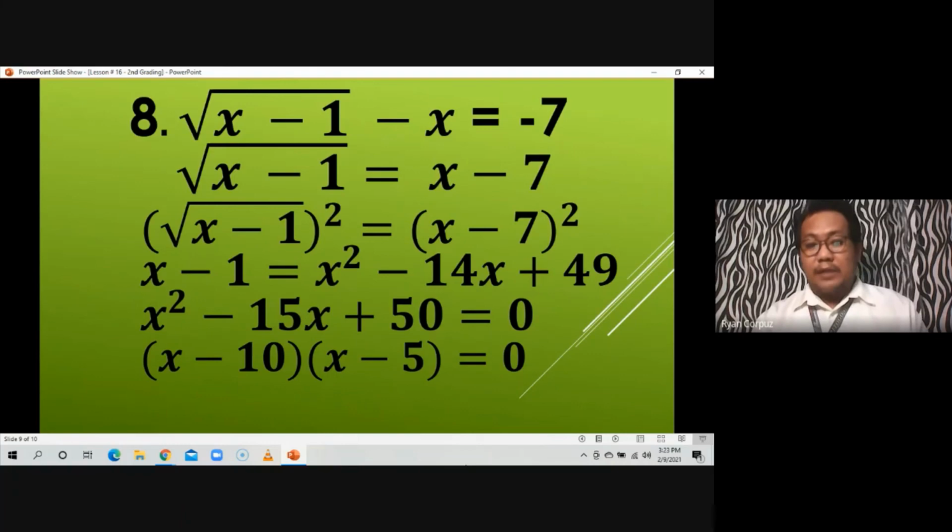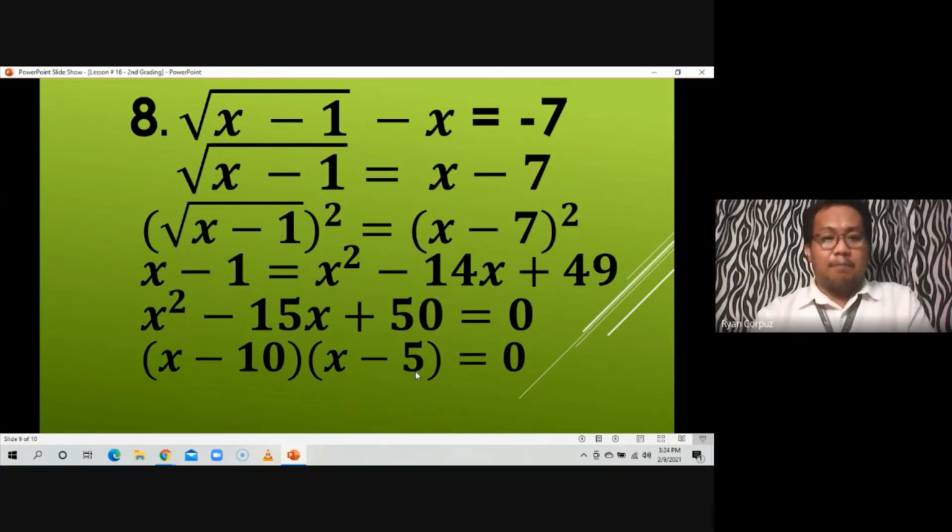But we still have to find out if both solutions are really the solution to the given radical equation. Kapag, for example, x is equal to 10, shoot natin here, 10 minus 1 is 9. What's the square root of 9? That would be 3. 3 minus 10, that would be negative 7. So it's true.